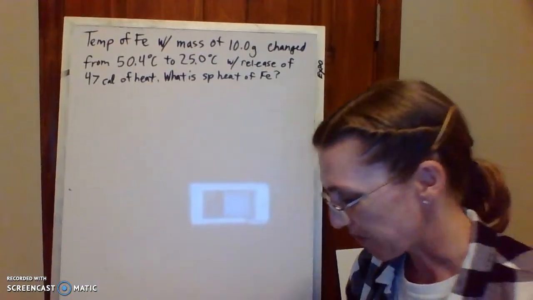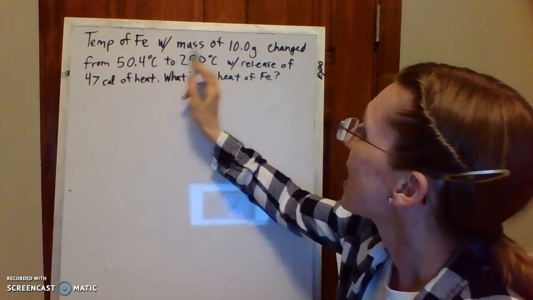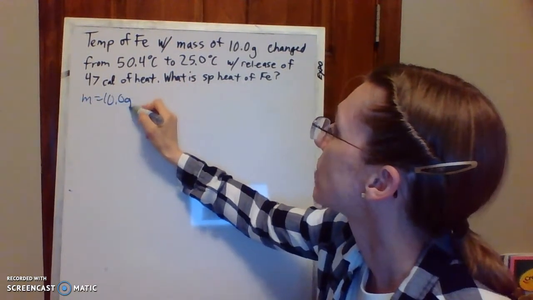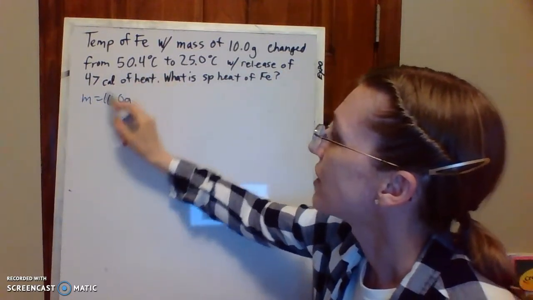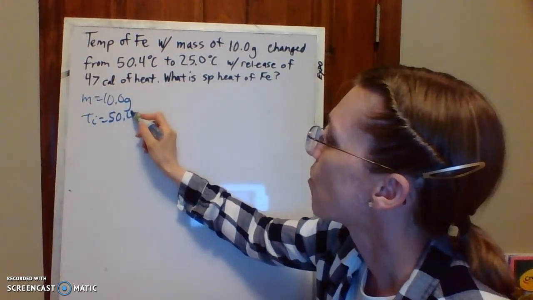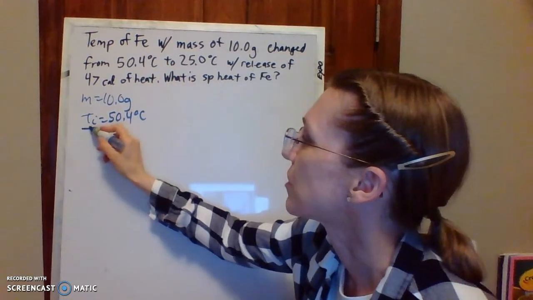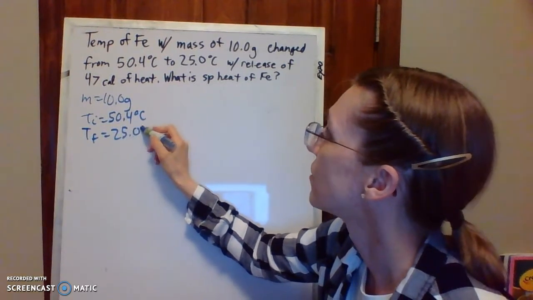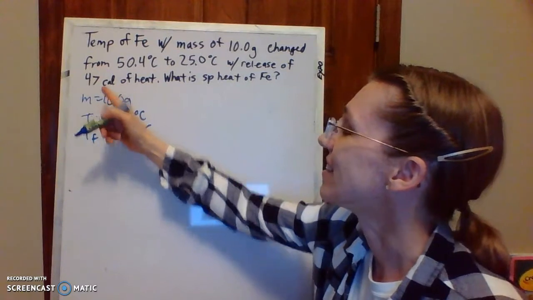Let's try one more. Here we've got a temperature of iron with a mass. So the mass equals 10.0 grams. The temperature changed from, so our initial temperature is 50.4 degrees Celsius to, that means our final temperature, T final, is 25.0 degrees Celsius with a release of heat.